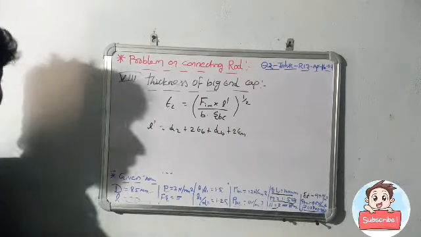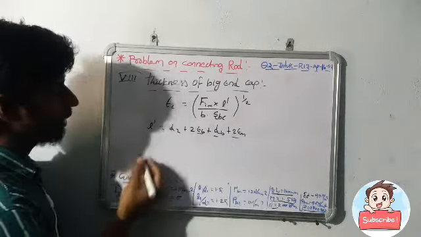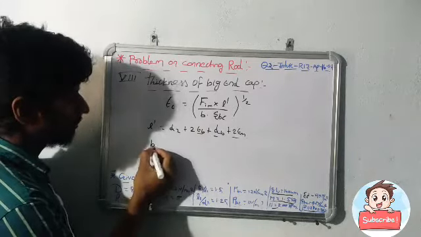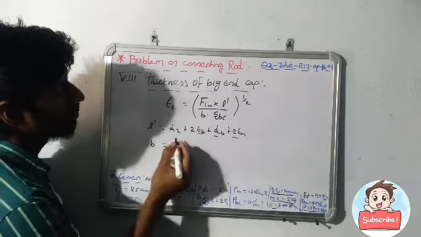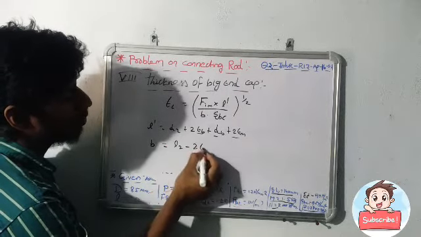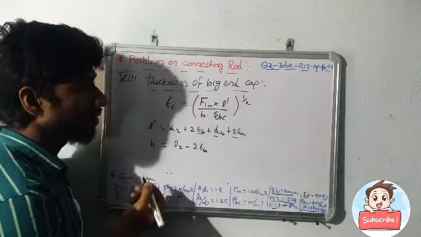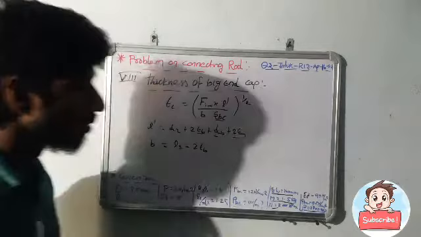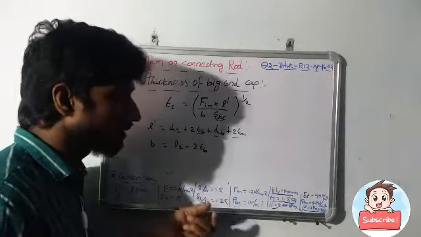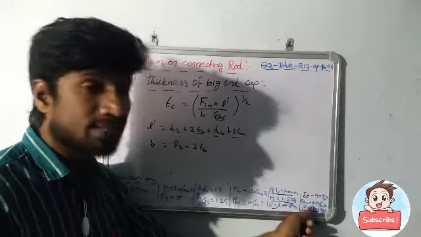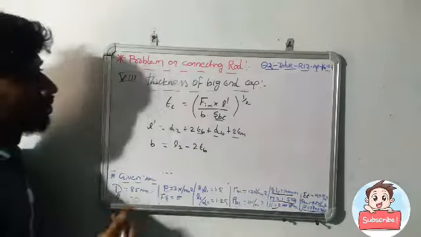Substitute those values to get L dash, and similarly B equals L2 minus 2TB. SB is the allowable bending stress on cap, which is provided in the problem, equal to 95 Newton per mm square.